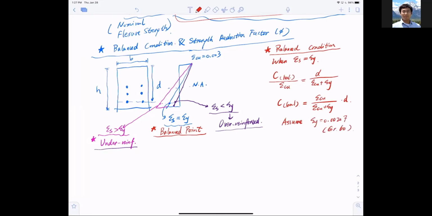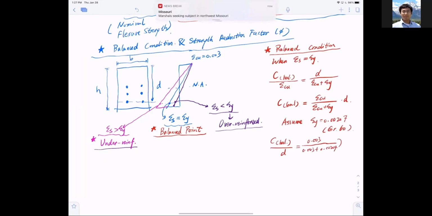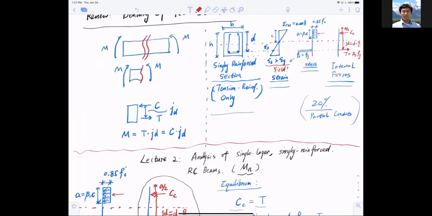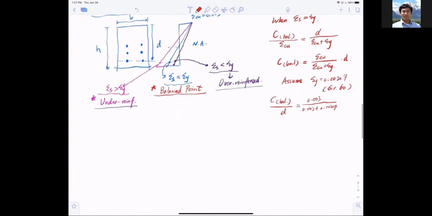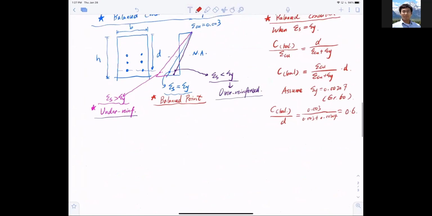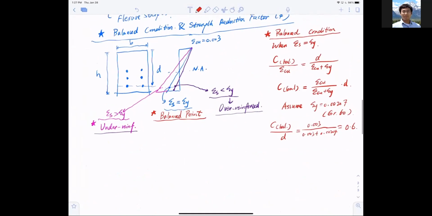I essentially have the balanced compressive zone divided by the depth roughly equal to 0.003, because that's epsilon Cu, divided by 0.003 plus 0.00207, which is approximately 0.6. And this is the balance condition.